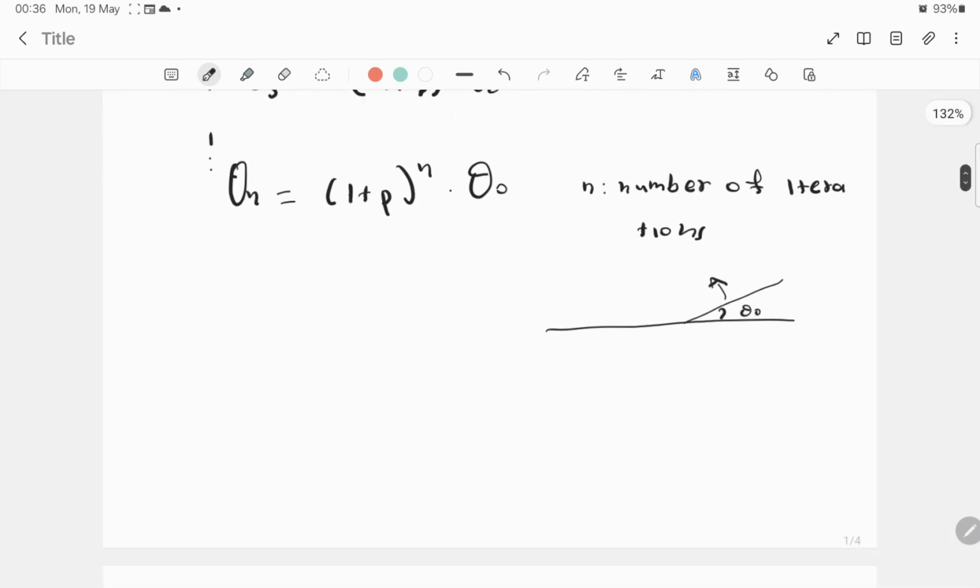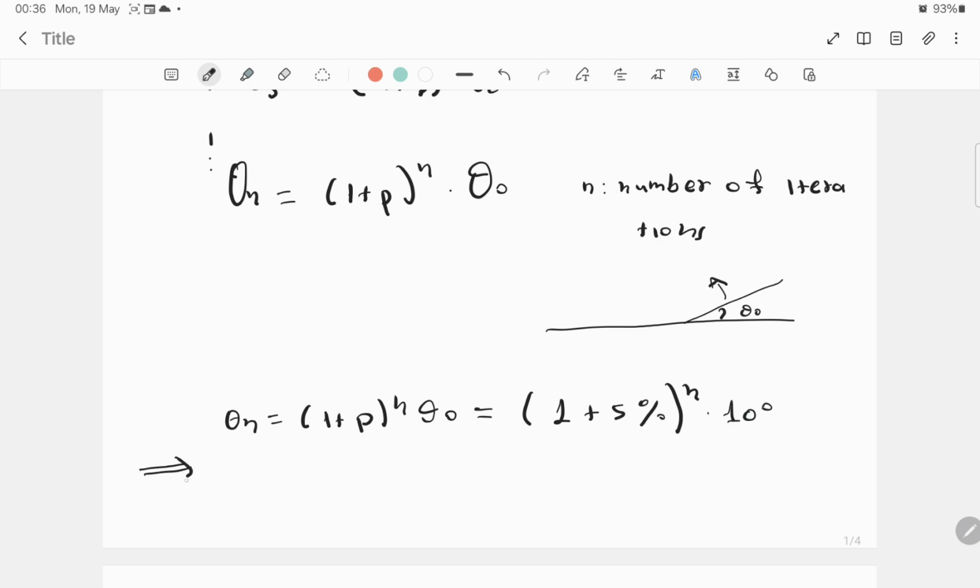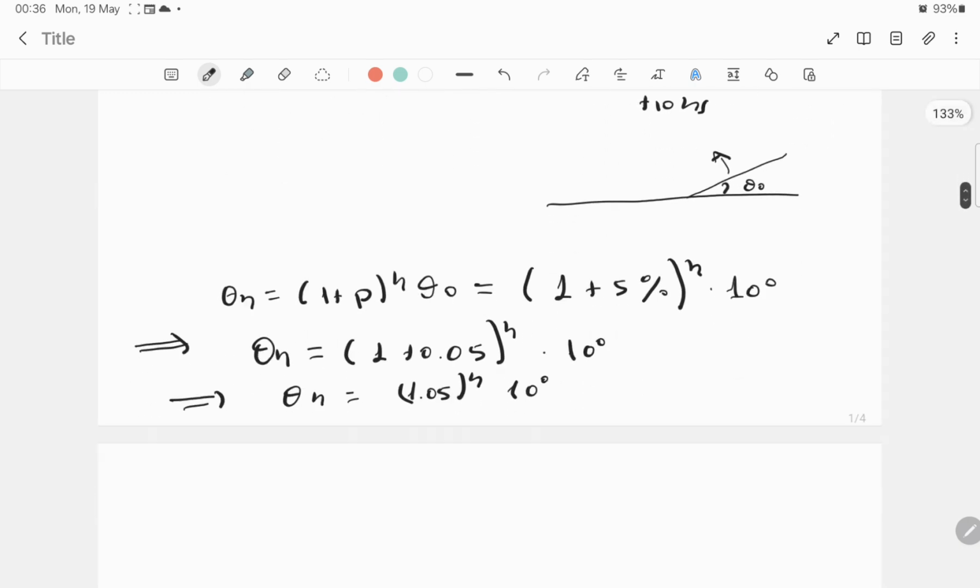My p is 5% here, so theta n is 1 plus p to the power of n times theta 0, which is 1 plus 5% to the power of n times 10 degrees. We write 5% as a decimal: theta n is 1.05 to the nth power times 10 degrees.